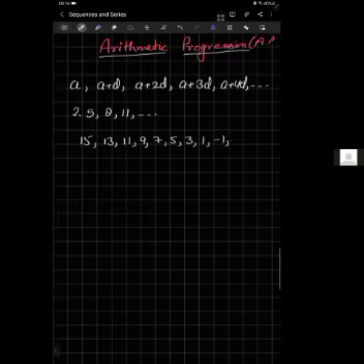Now, if I need to calculate the nth term of an AP, an.